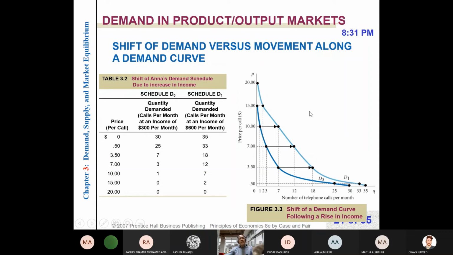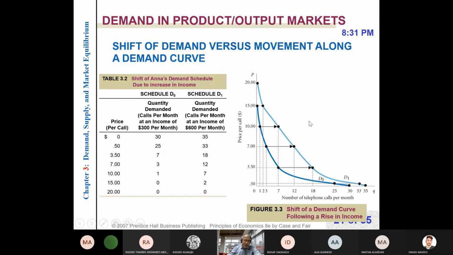So what this slide talks about is a change in quantity demanded and a change in demand. A change in quantity demanded is also called a movement along a demand curve. A change in demand is also called a shift of the entire demand curve.